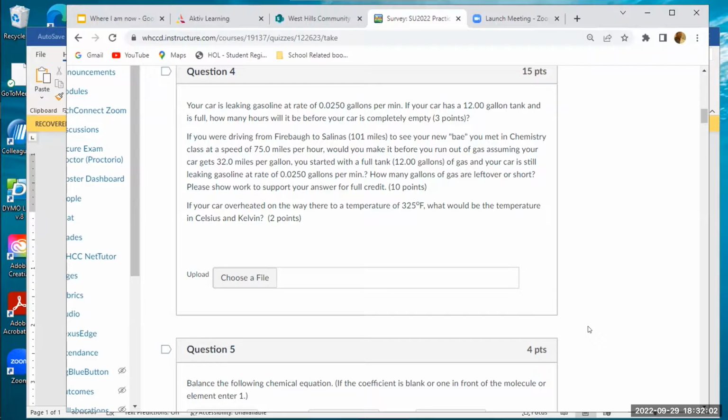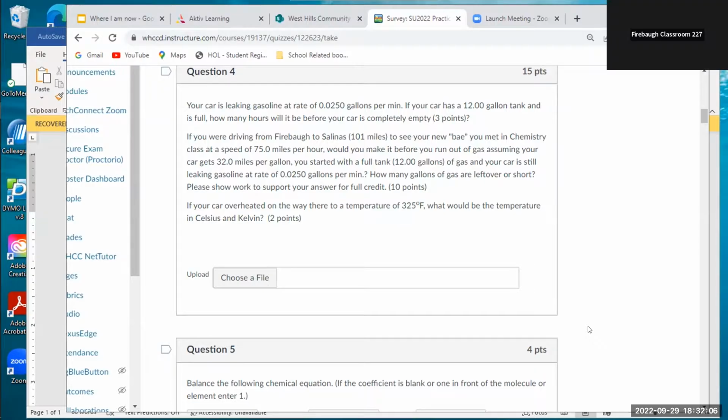Will you make it before you run out of gas, assuming your car gets 32 miles per gallon? You started with a full tank, and the car is still leaking gasoline at a rate of 0.025 gallons per minute. How many gallons of gas are left or short?